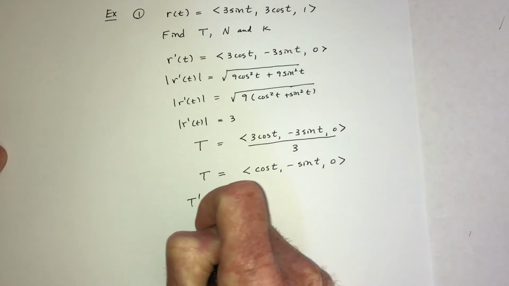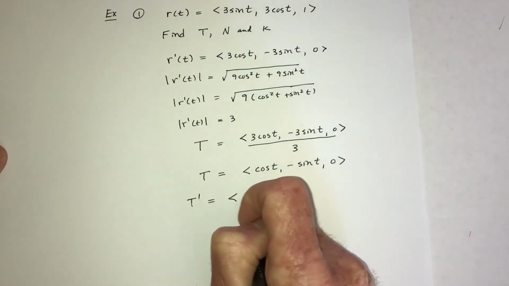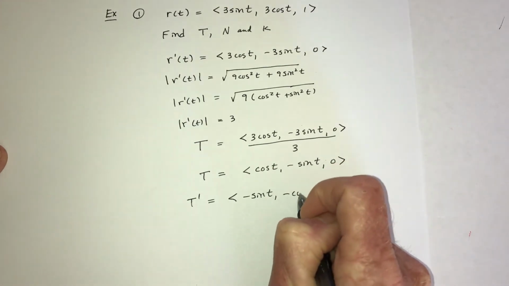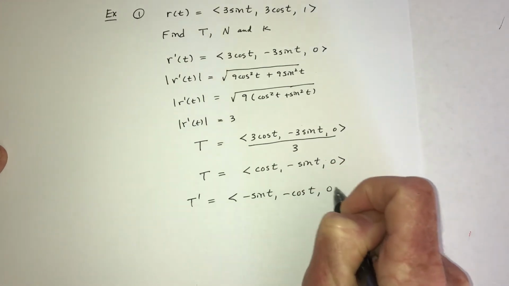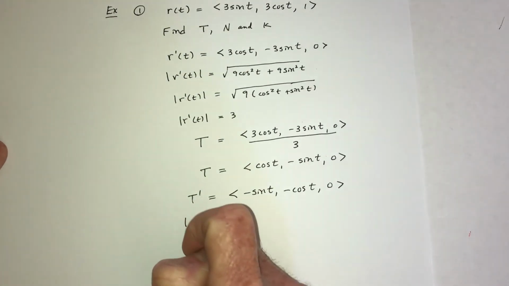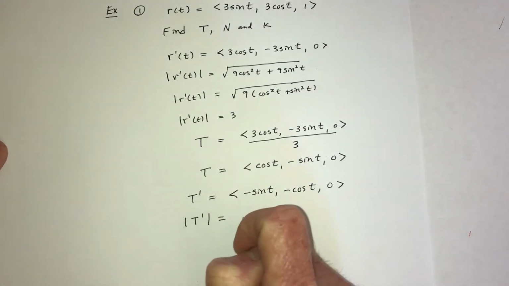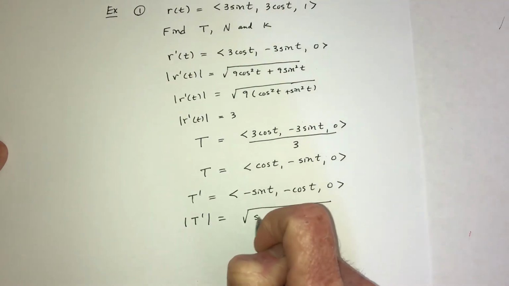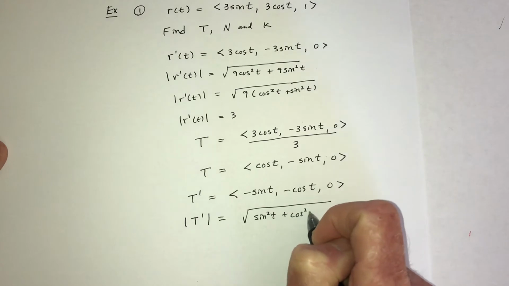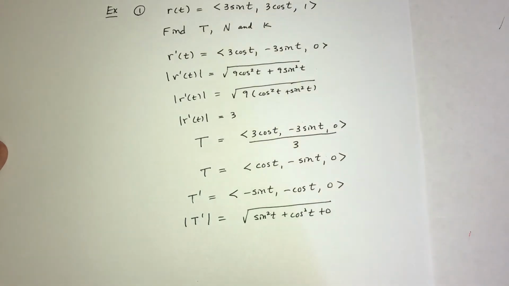So T prime will be, the derivative of cosine is negative sine. The derivative here is going to be negative cosine, and then 0. And if you find the length of that, that would be the square root of sine squared plus cosine squared plus 0 squared.